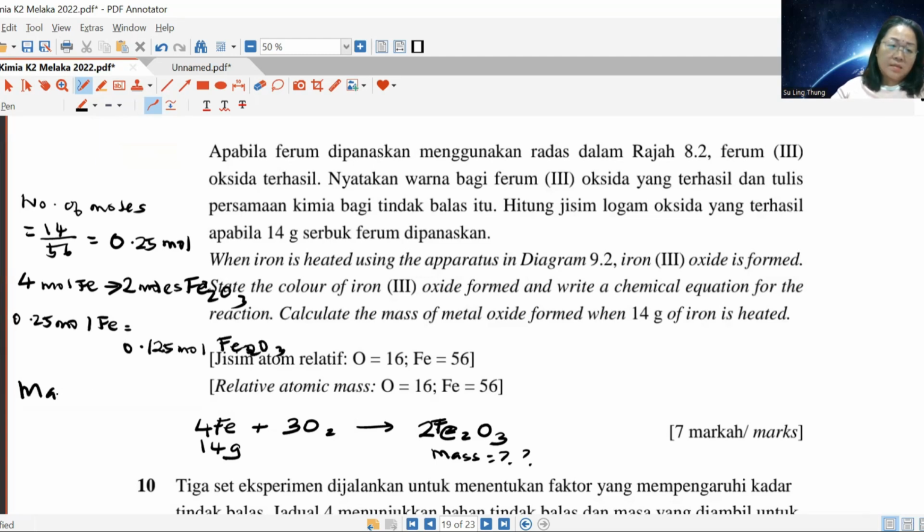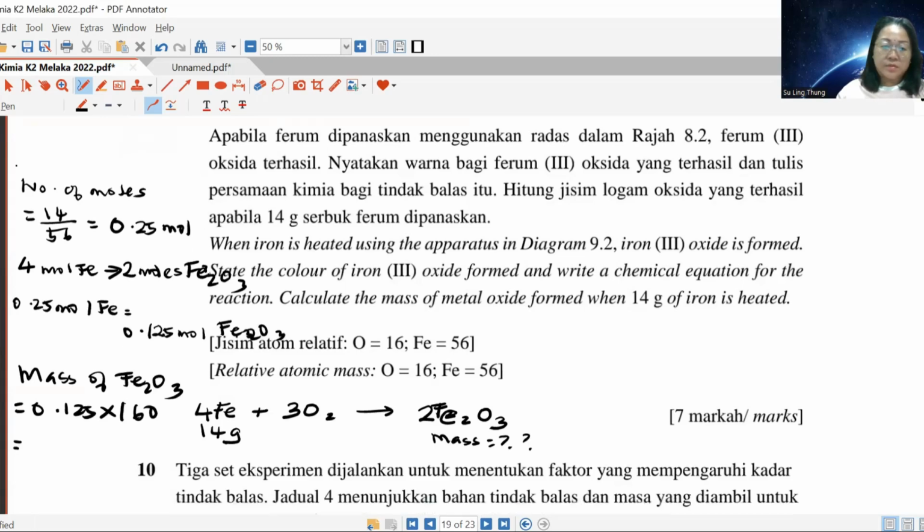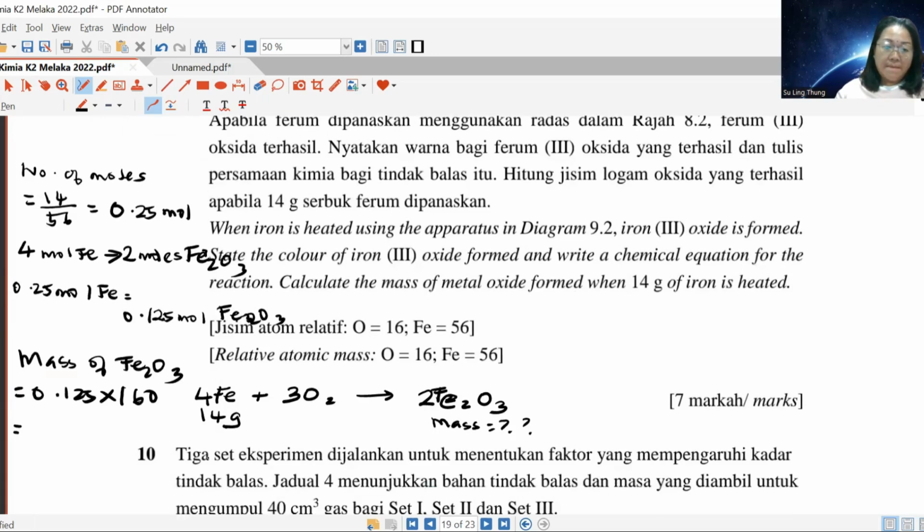So the mass of iron 3 oxide will be equal to 0.125 mole multiplied by the RMM of Fe2O3, which is 160. Okay, and then you will get your final answer, which is 20 grams.